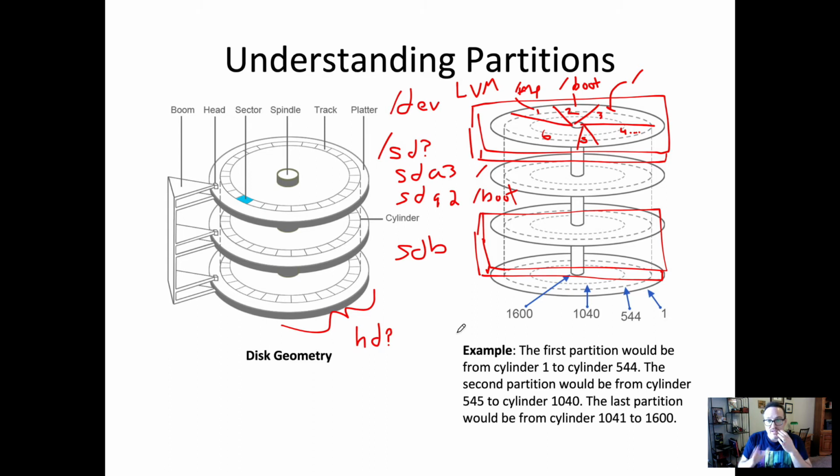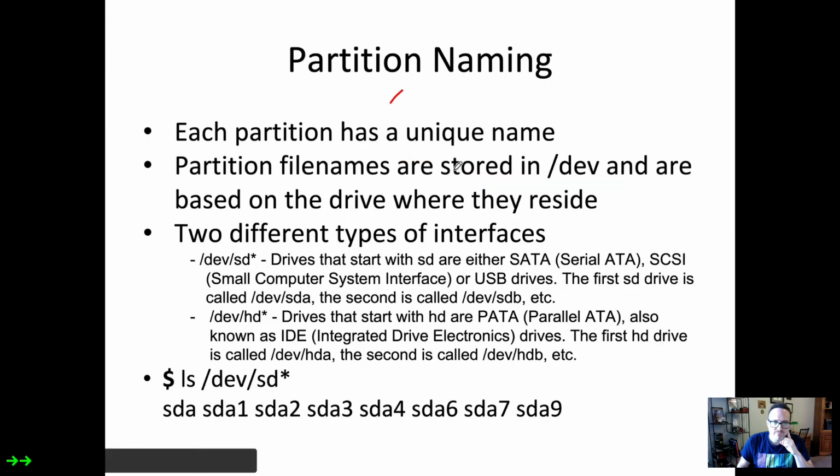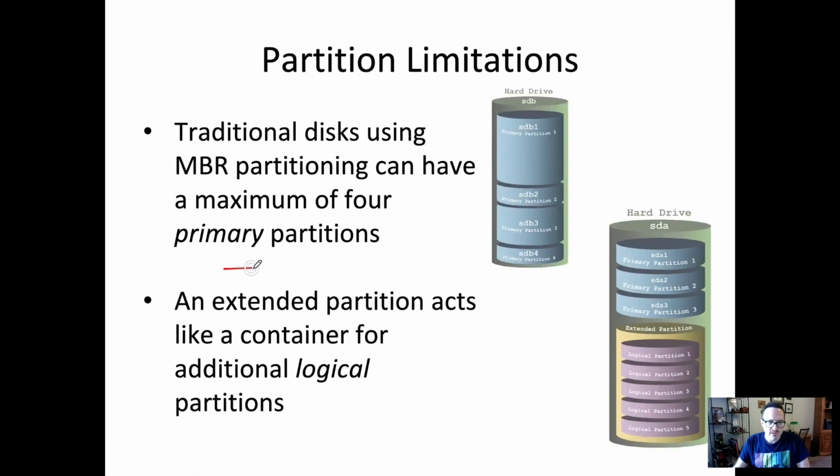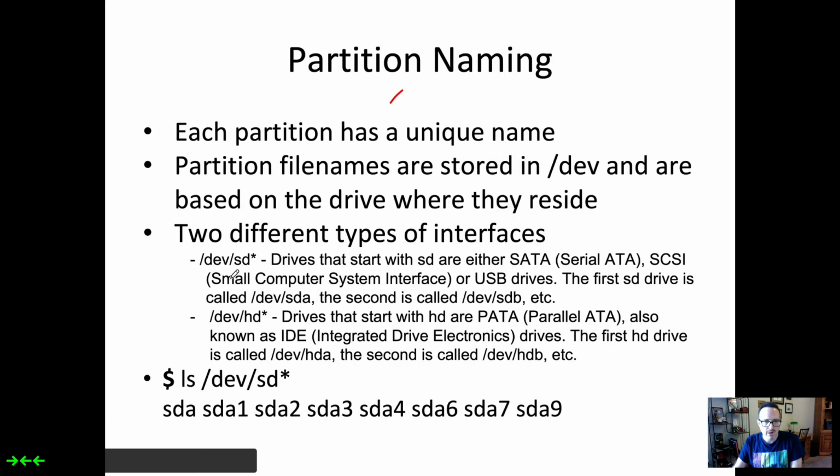But first off, that's what it lays out. We have the device, the drive letter, and the partition number. So again, partitions are stored in /dev. We talked about that already. You'll see in the slide SD and HD. These are IDEs. So this is reiterating what I showed you.